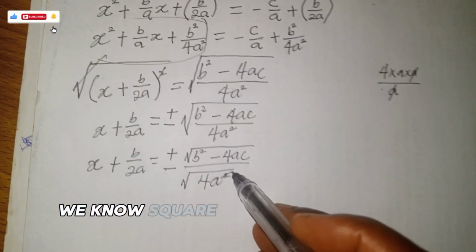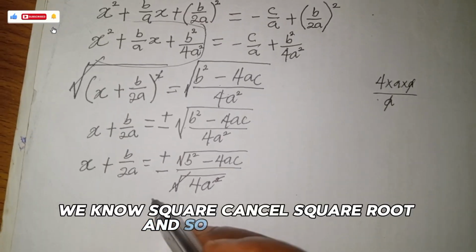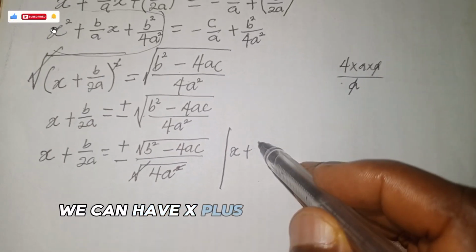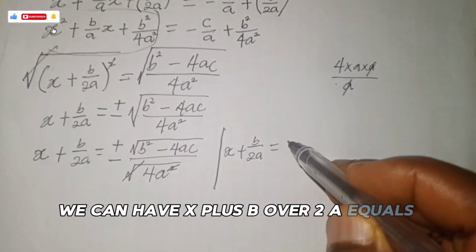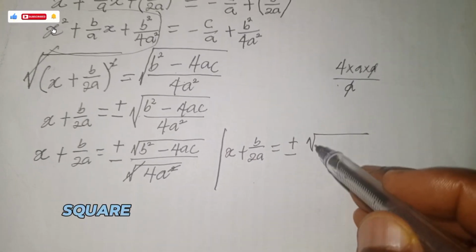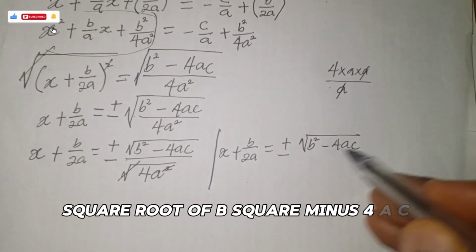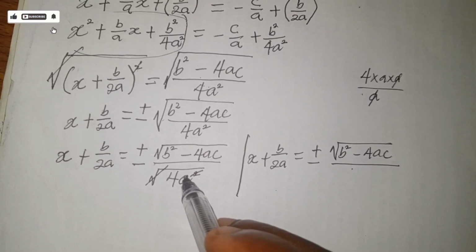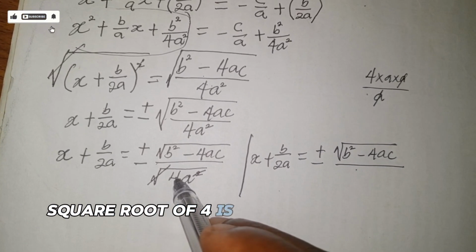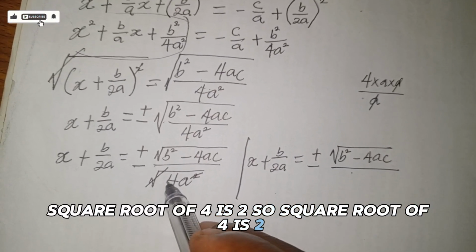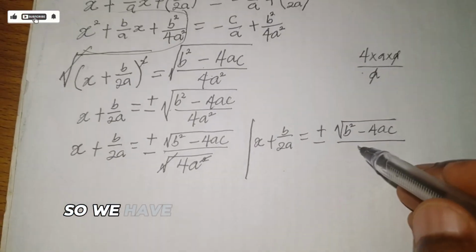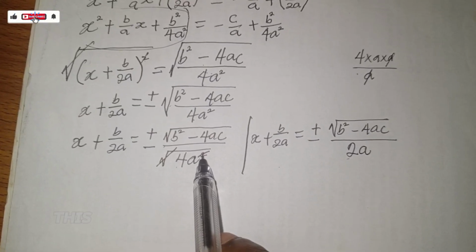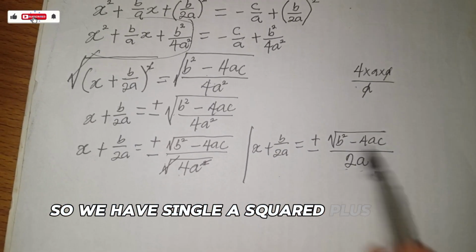Square cancels square root, so we can have x plus b over 2a equals plus or minus the square root of b squared minus 4ac over, square root of 4 is 2, and the square cancels the square root, so we have a single a: 2a.